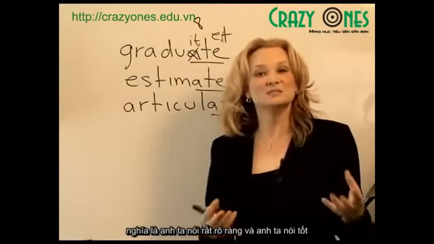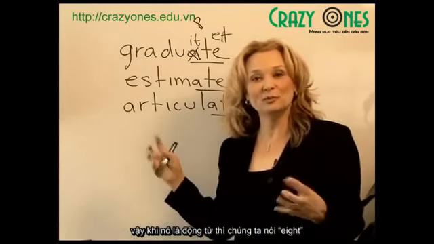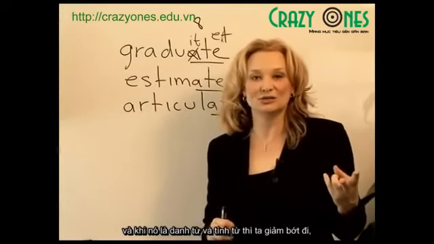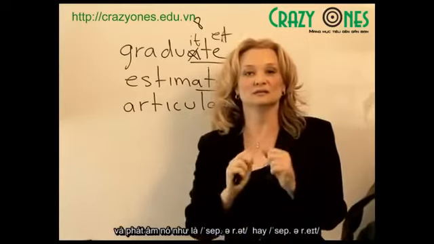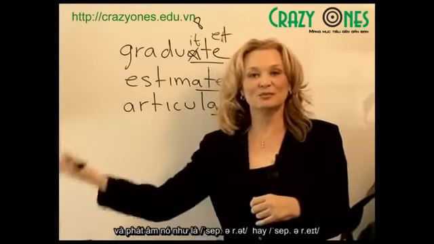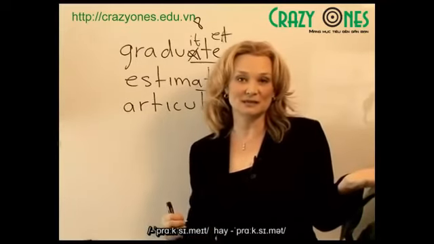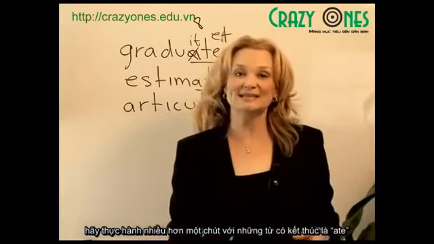It means he speaks clearly and he speaks well. So if it's a verb, we say ate, and if it's a noun or an adjective, we reduce this ate and we say it. Separate, separate. Approximate, approximate.